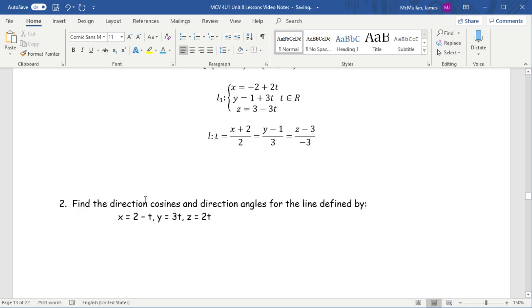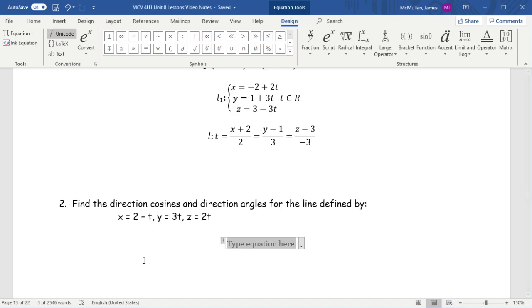Find the direction cosines and direction angles for the line defined by this parametric equation. Now, the direction cosines and direction angles, let's go back and remember what that was.